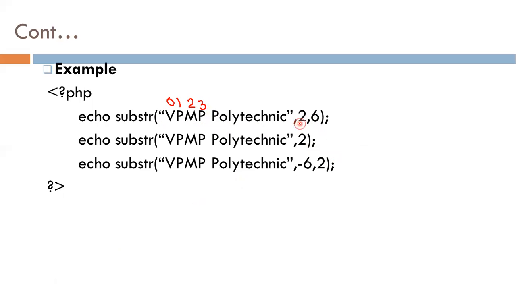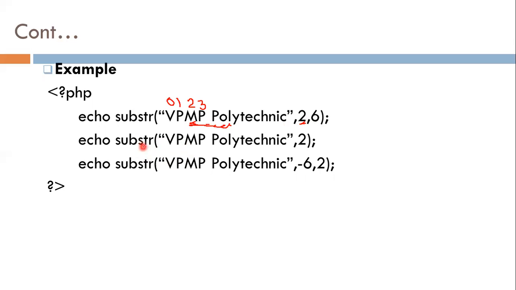Now the starting point is 2, so start from M, and the length is 6, meaning a total of 6 characters are printed from the starting point. So start from index 2, M, P, then space is the third character, P is 4, O is 5 and L is 6. So my output will be MP POL.